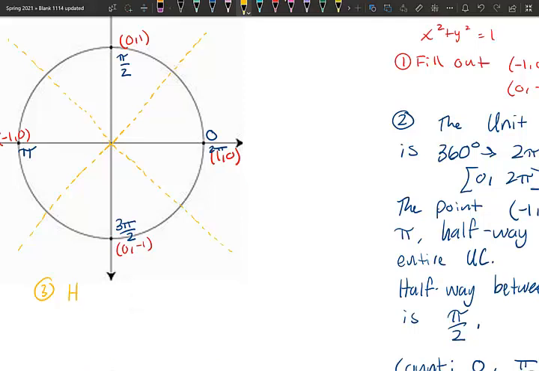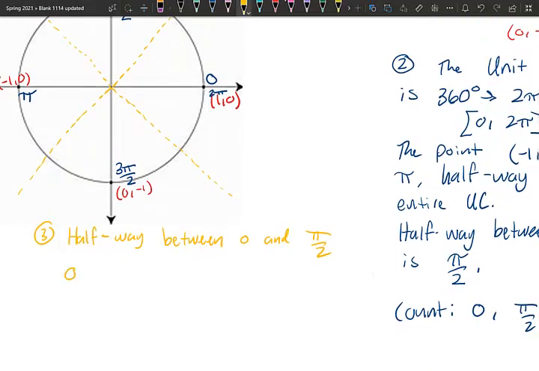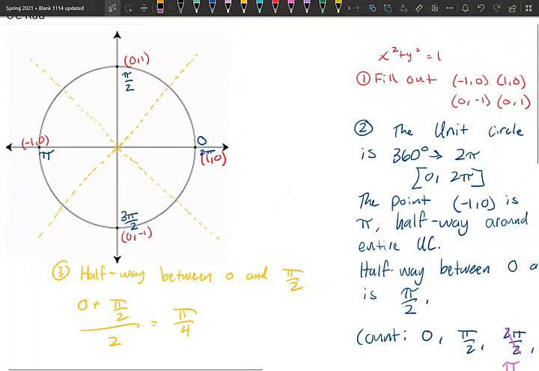We need to know halfway between 0 and pi over 2. So we're going to half those. 0 plus pi over 2, divided by 2, gives us pi over 4. So this right here is pi over 4.